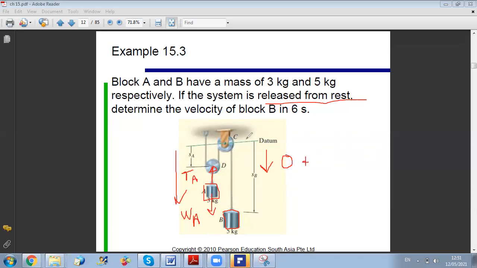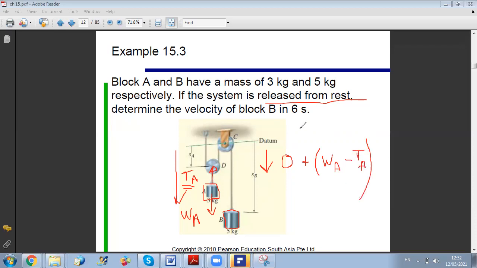The forces applied on the system are only weights and tensions, and they are constant, right? So I can take them outside of the integration. So the sum of impulses acting on A will be weight of A minus tension at A, times delta t.